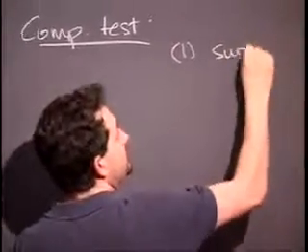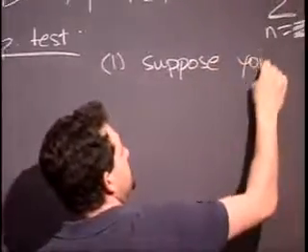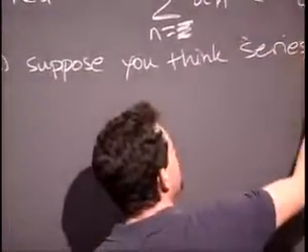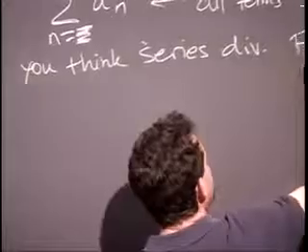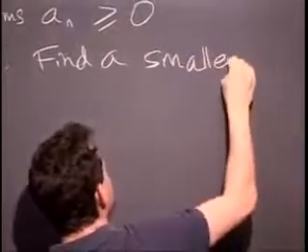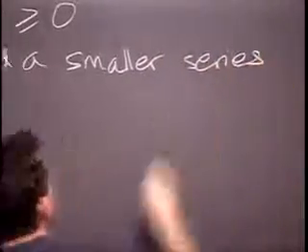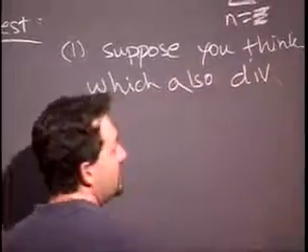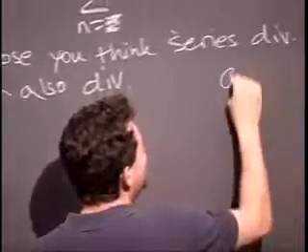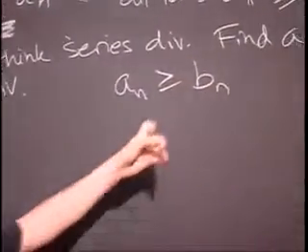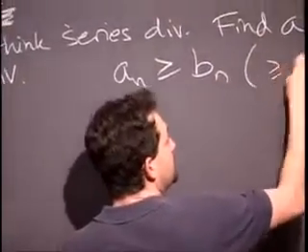Suppose you think the series diverges. The original series you have diverges. Find a bigger series. No, I keep getting this the wrong way around. Find a smaller series which also diverges. I.e., you want a_n to be bigger than some other b_n, and no cheating by picking negative series. This still has to be positive.